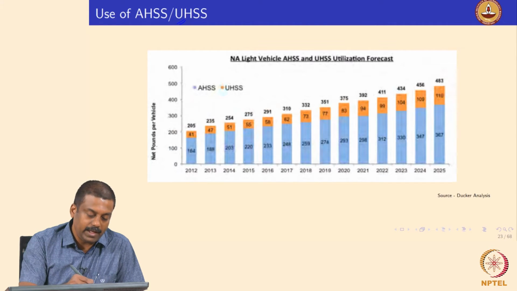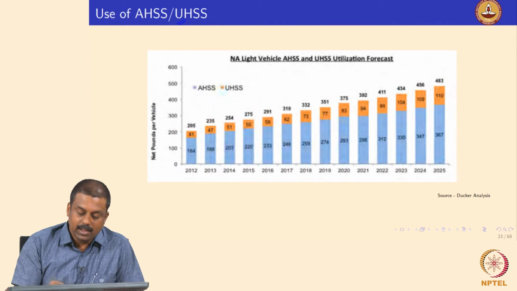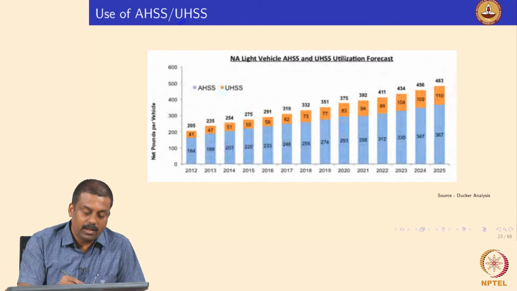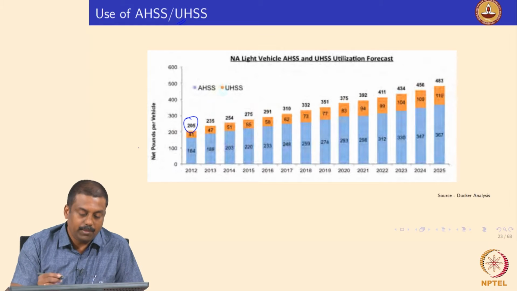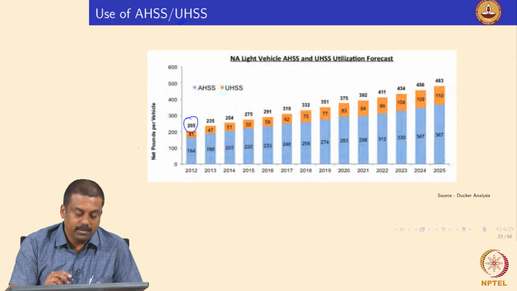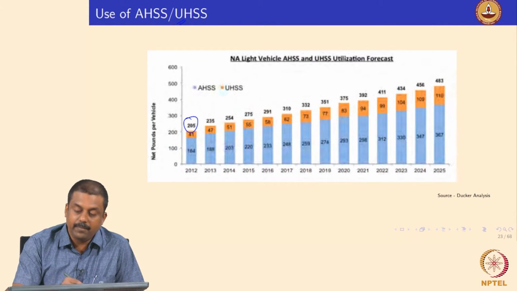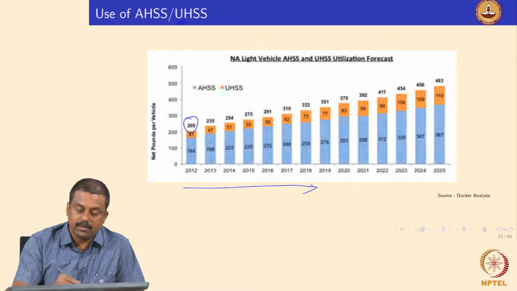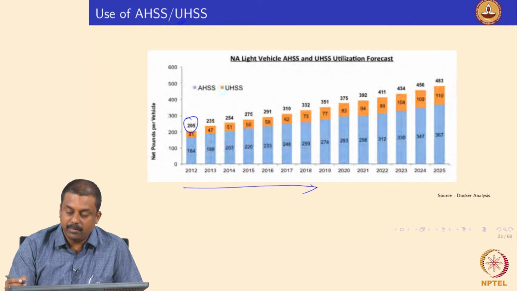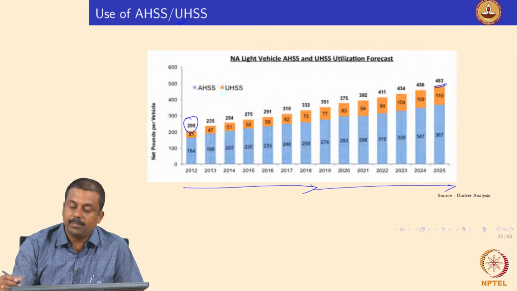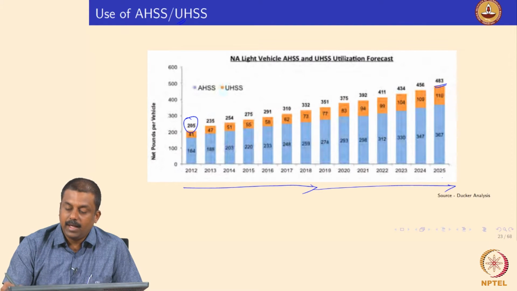In the y-axis we see net pounds per vehicle, and over the years, in 2012, the total amount of advanced AHSS steel used was about 205 pounds, but it is continuously increasing. So now it's already about 330 pounds, and it is expected to go close to 480 pounds by 2025 in order to meet the emission norms, which I already showed in my previous slides.